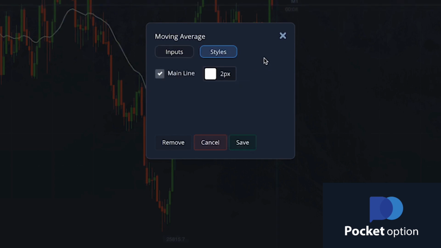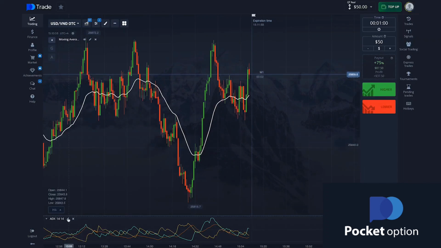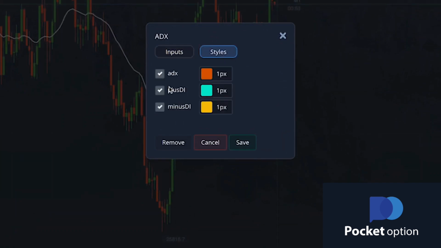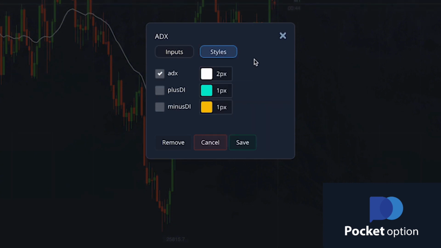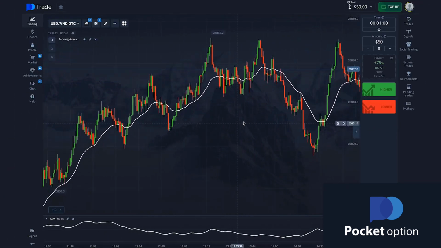Let's customize the ADX. Let's set the ADX smoothing to 25, leave the DI length unchanged. In the style settings, let's disable the plus DI and the minus DI. Change the color of the ADX line to white with a width of 2 and save. And colleagues, if you trade on mobile devices, you can customize the same way.